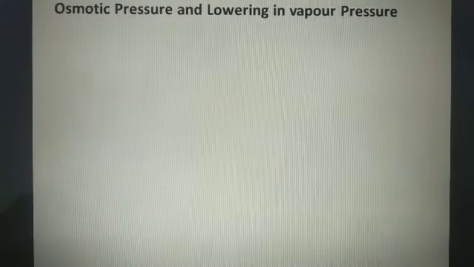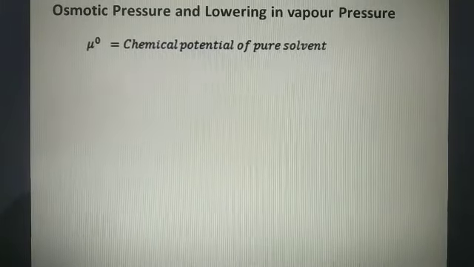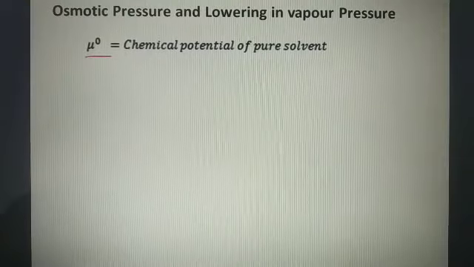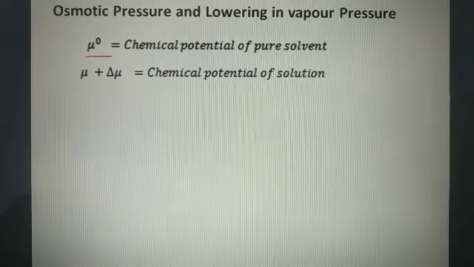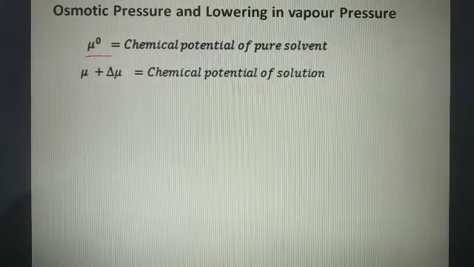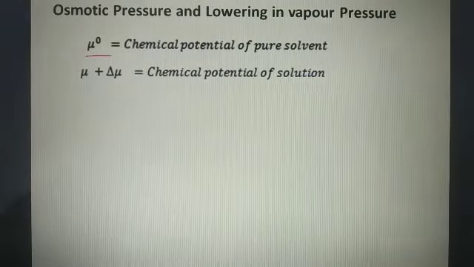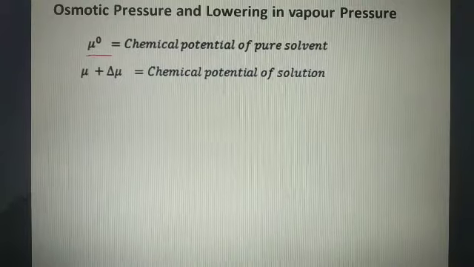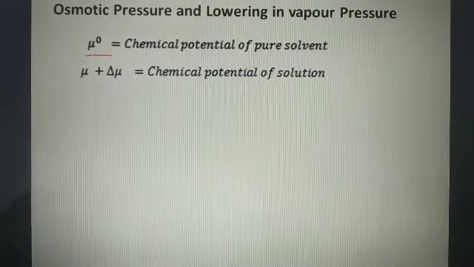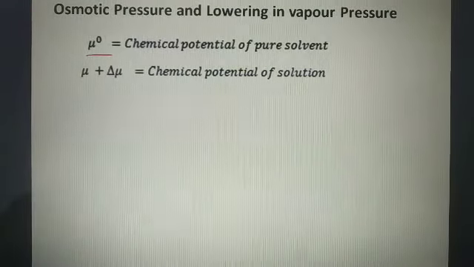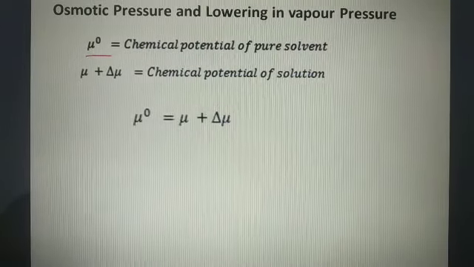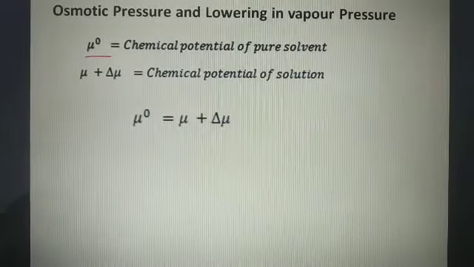Again, make the suppositions here. Chemical potential of the pure solvent, suppose it is equal to mu naught. Then it is mu plus delta mu. Since the chemical potential of the solution is less, I have taken the factor delta mu, mu plus delta mu, that is the chemical potential of the solution. Now from here, when osmosis has taken place, then mu naught should be equal to mu plus delta mu.